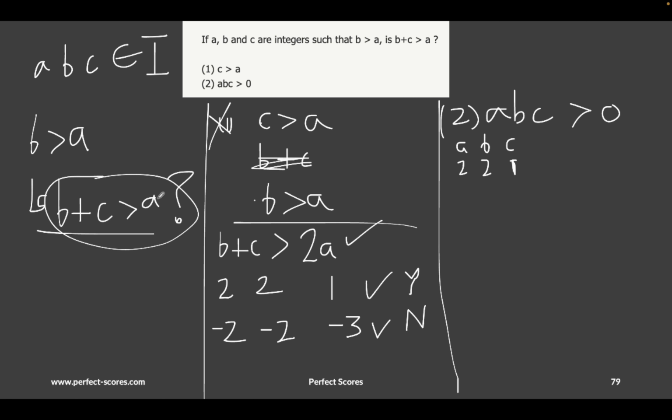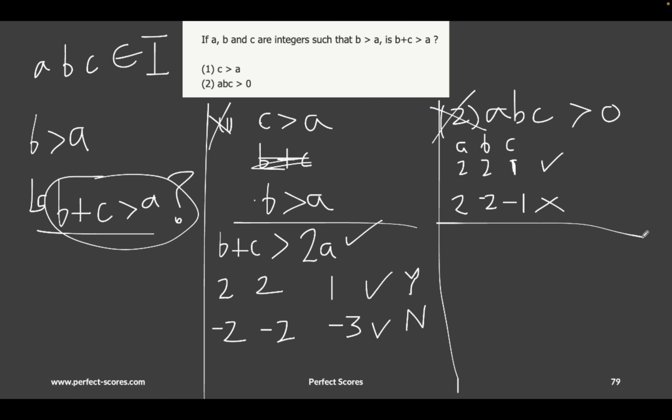Then is B plus C greater than A? Yes, it is. But as soon as I turn to negative numbers, I can make B and C both negative. So make this negative 2, make this negative 1, and keep A as just 2. That will make ABC greater than 0. But is B plus C greater than A? No. So that gives me again a yes and a no. That means this is also insufficient.